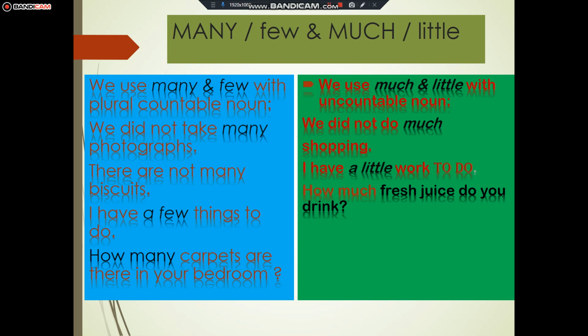Okay guys, so we use much to talk about large quantities of uncountable nouns in negative sentences and questions. But we use little to talk about small quantities with uncountable nouns. I think guys this is clear up till now.